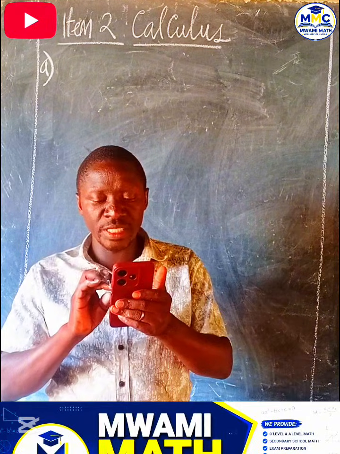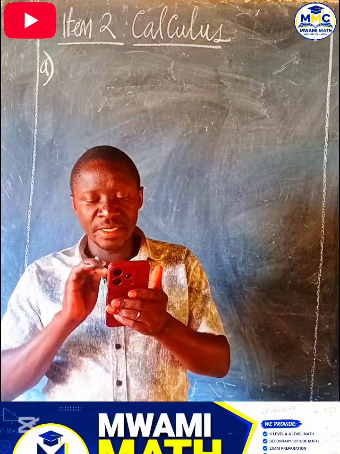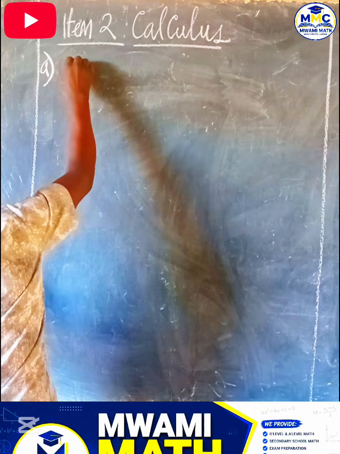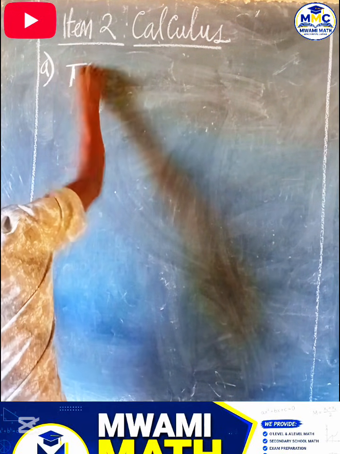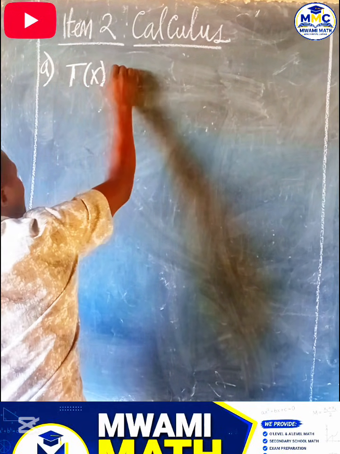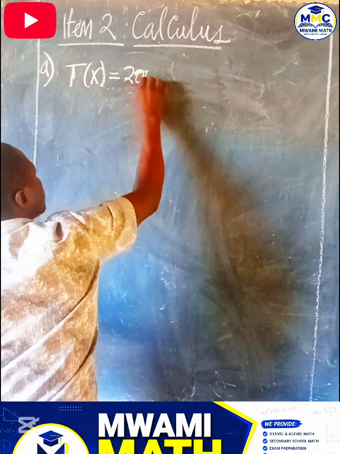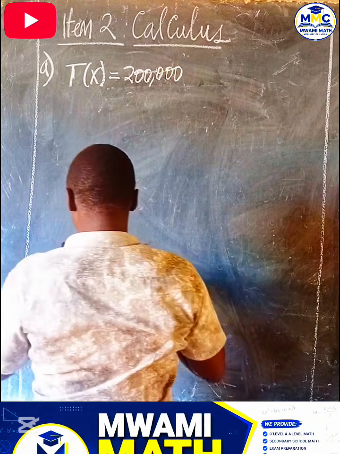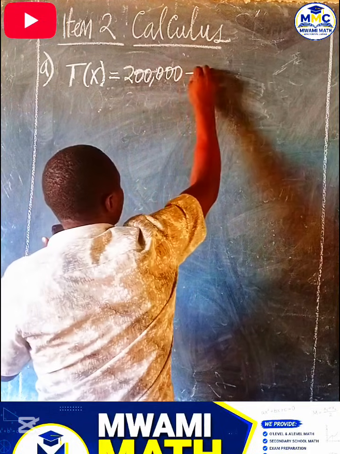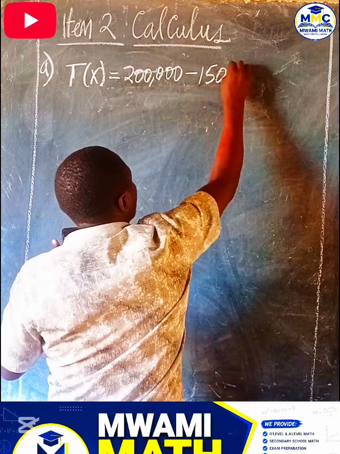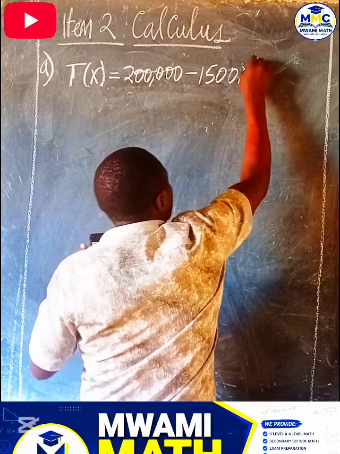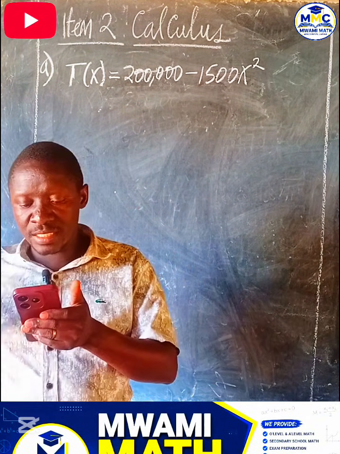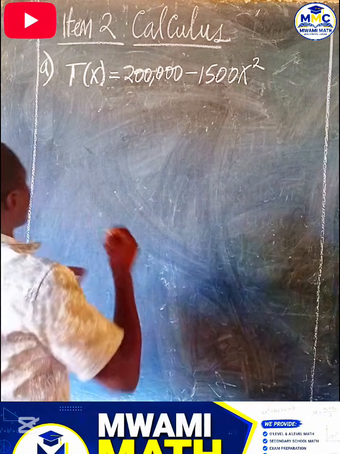Environmentalists have modeled the number of trees T in the forest over time as, so this is the function for the number of trees, T is equal to 200,000 minus 1,500 x squared, where x is the time in years.